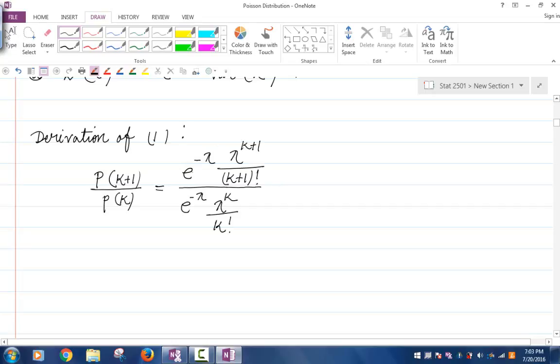Clearly e to the negative lambda cancels out, and so the remaining ratio I'm going to write in the following way: lambda to the k+1 over k+1 factorial, times k factorial over lambda to the k. Again, we can cancel out the e to the negative lambda.